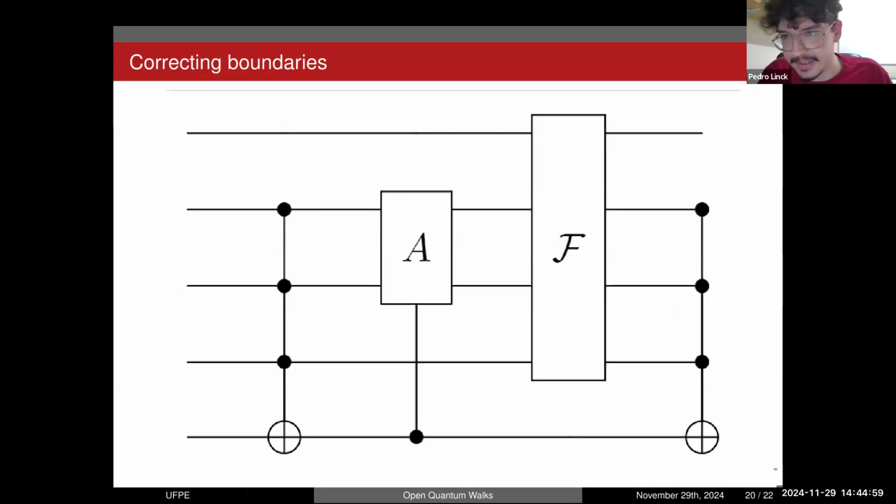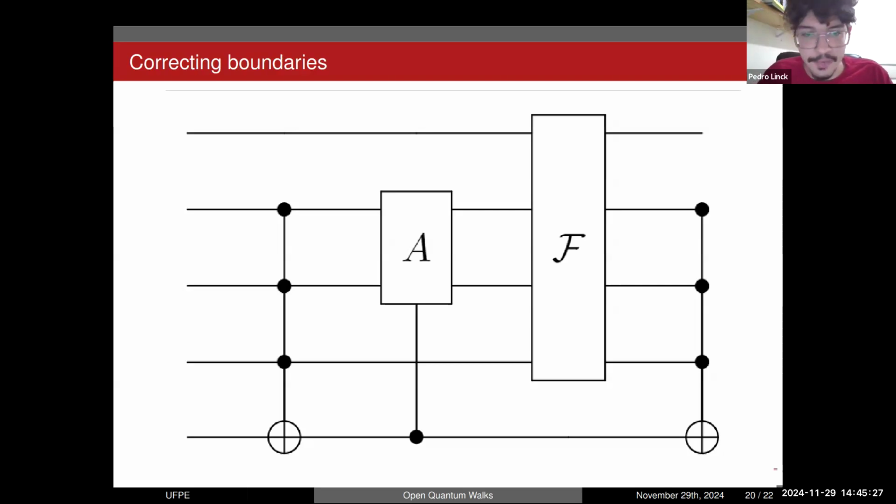Here, the first line of the circuit is again the space of the walker. The two lines below are the graph. The fourth line is the ancilla qubit that is controlling the step. And the last line is the one that is going to correct the boundaries.